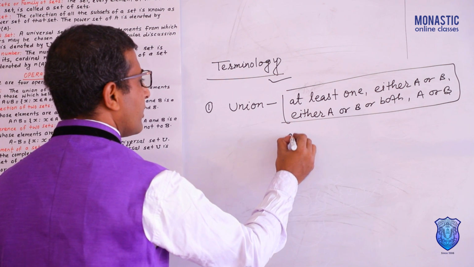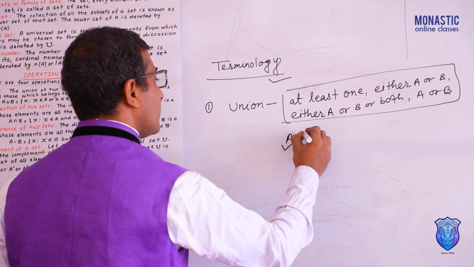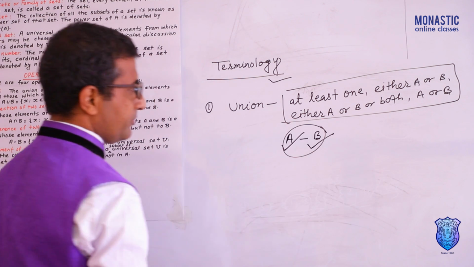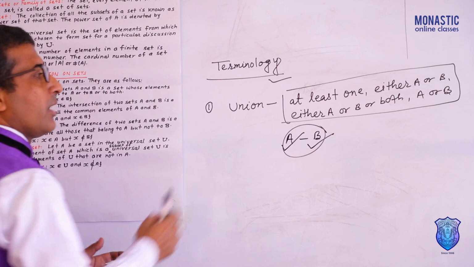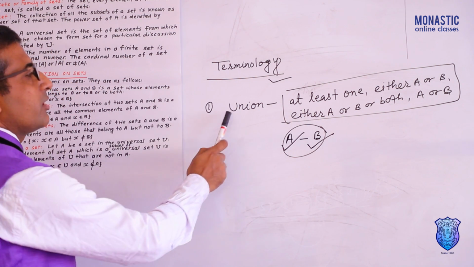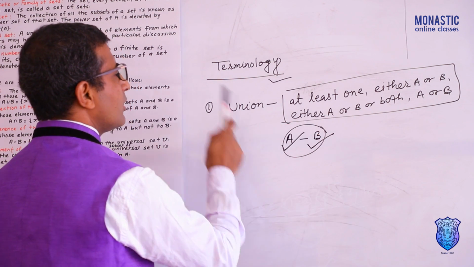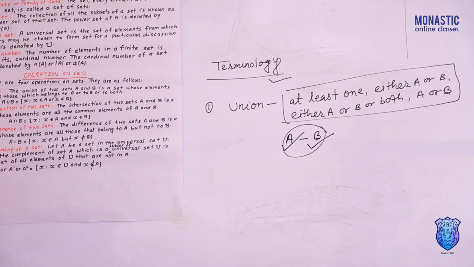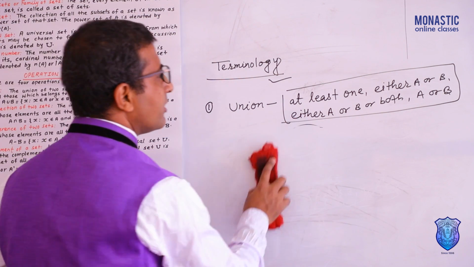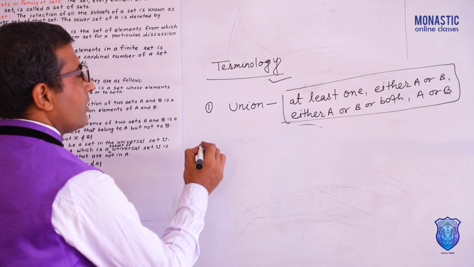When we say at least one of A and B, it means in A, in B, and in both. Remember the point: at least one always represents union. When either/or is in your question, it will always represent union.